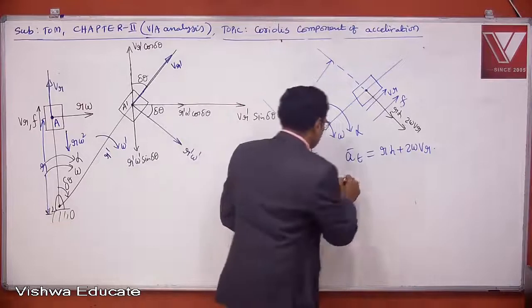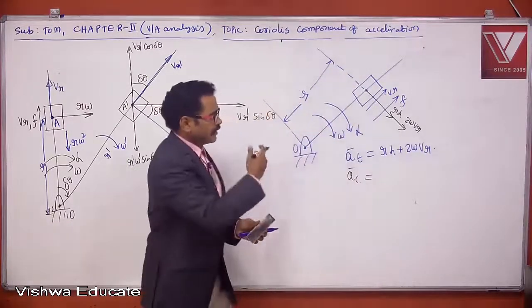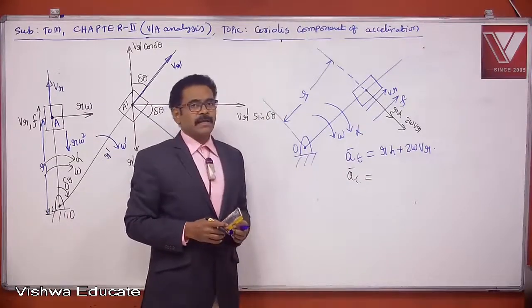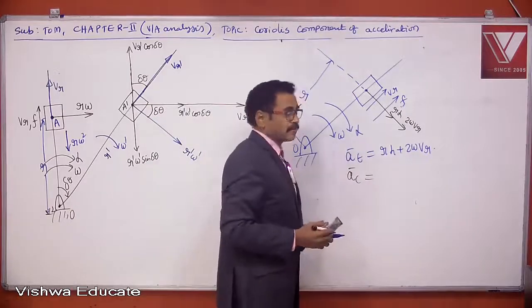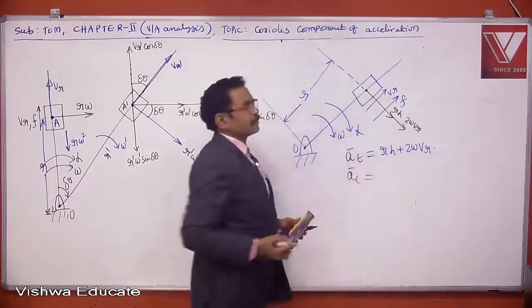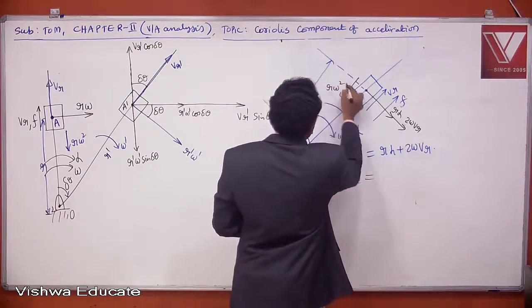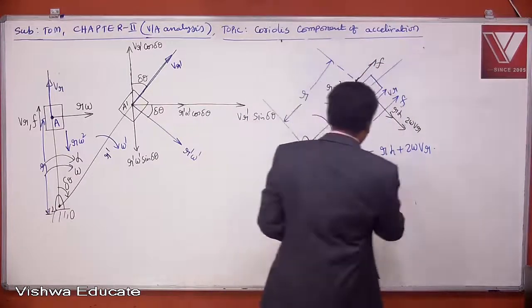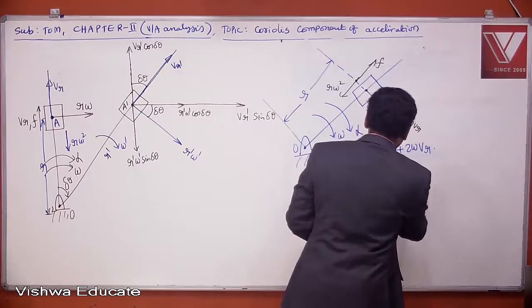And what about total centripetal acceleration A bar C? In this case, F is outward. And centripetal acceleration R omega square is always directed towards the center. So R omega square direction is like this, and F direction is like this. So that is why F minus R omega square.